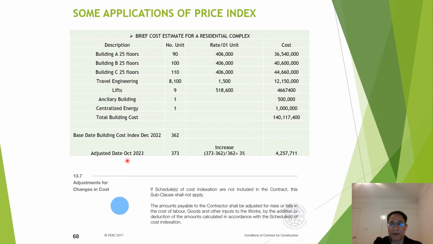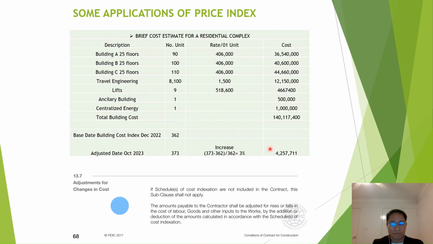In here, I give an example: October 2023, and the building index is 373, and it increased about 3%. We will multiply 3% by the total building cost. So the adjusted value of this brief cost estimate should be around 4 million. That means we will add this increased value to the original total building cost.